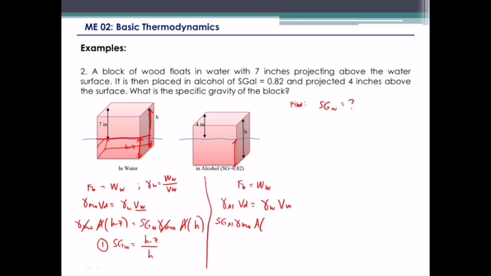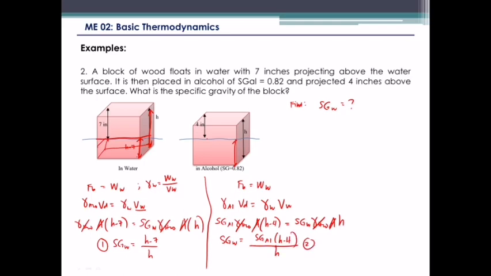This is H minus 4. H minus 4 is submerged. This is SG of wood again, gamma of water, area times the height H. Area is cancelled. Gamma of water is cancelled. So SG of wood therefore is SG of alcohol, H minus 4 over H.